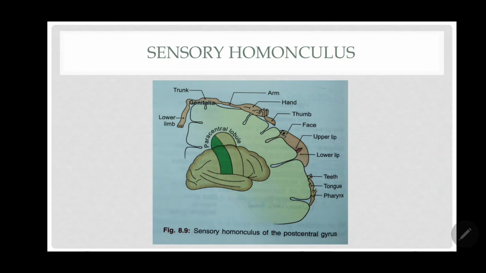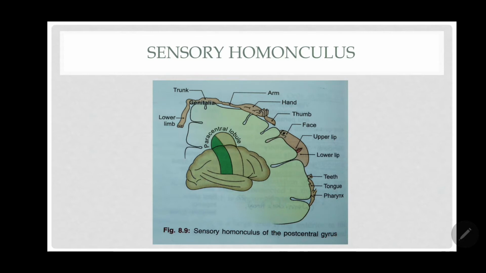Of course, the representation is not similar for each body part. Rather, it is according to the area of the body which more precisely or more intricately appreciates the different intricacies of the sensations.